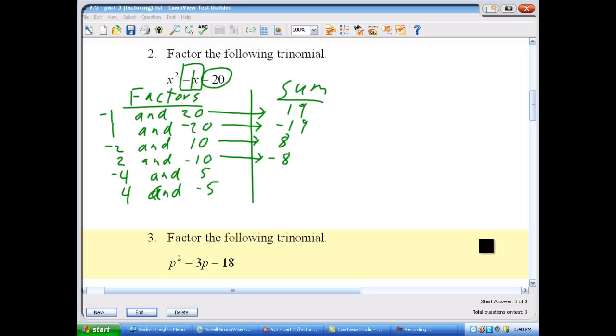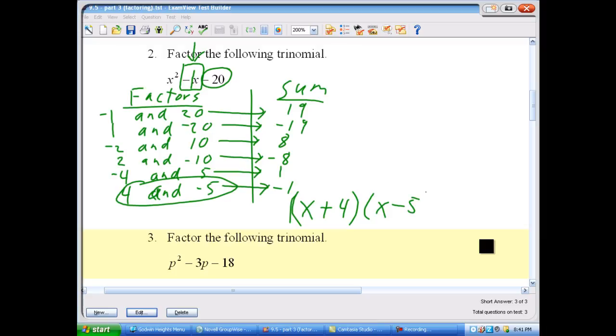If I take negative 4 and 5, that's going to give me positive 1. If I take 4 and negative 5, it will give me negative 1. Remember that this negative 1 is what I'm looking for this sum to add up to. So it looks like 4 and negative 5 is my correct combination. Listing them in factored form, I have x plus 4 times x minus 5.